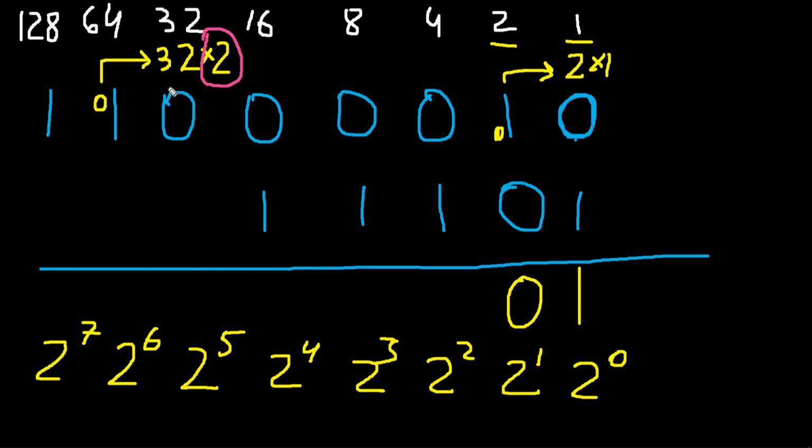We already moved here 2 of them, so we take half of it, we leave 1 here, and this half we put here. Now this half is basically 32, and 32 is 16 multiplied by 2, and 16 is 2 to the fourth power.